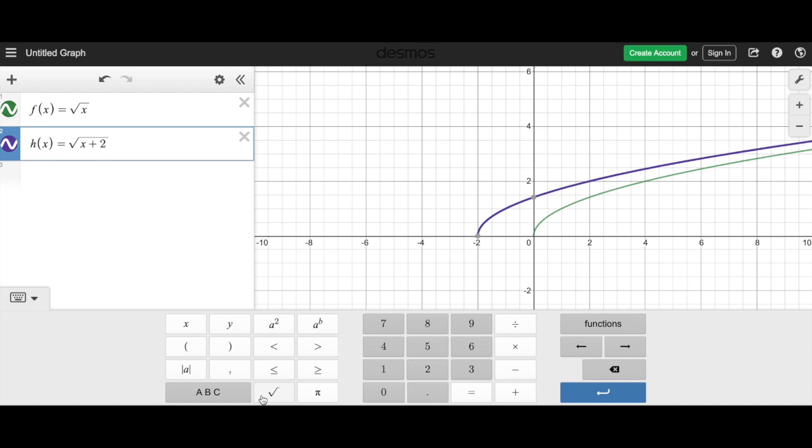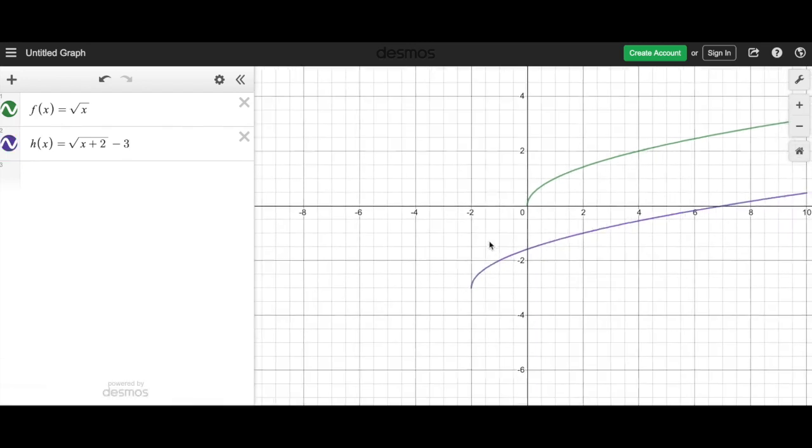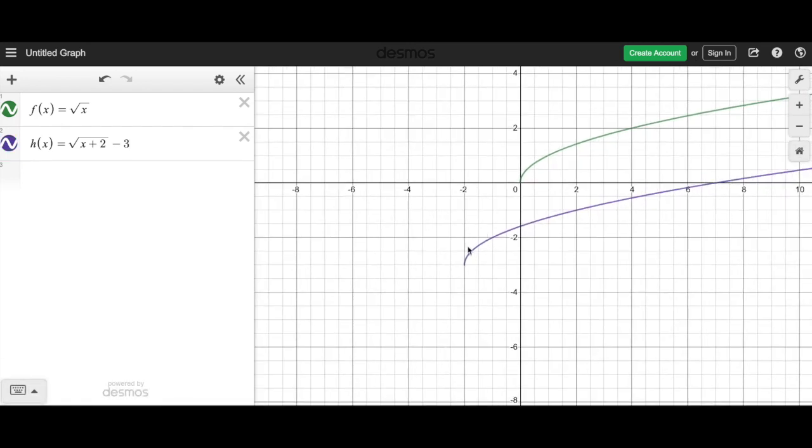And I'm going to make sure I use my arrow to move outside of the radical so it doesn't keep building inside the radical. So shifting outside the radical, subtract 3. So I can see now that each of my points have shifted to the left 2 units and down 3 units. So this particular point, 4, 2, is shifted to the left 2 units and down 3 units to give me this point here.